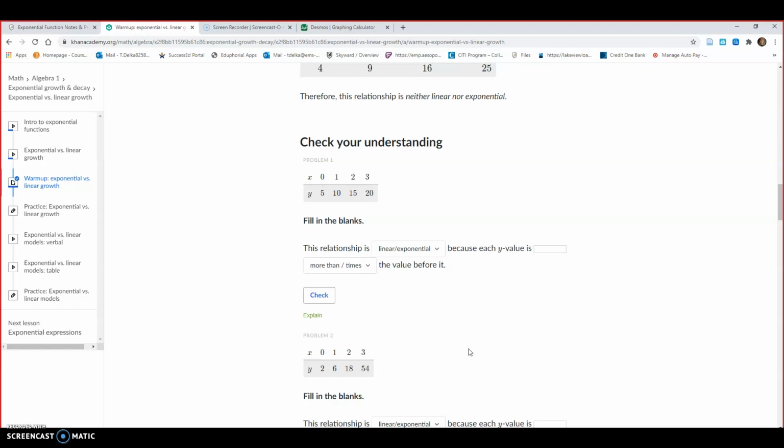And they told us if you add on the y, then it is what? Is it linear or exponential? Linear. Thank you. It is linear.